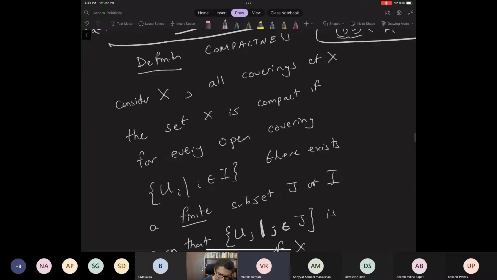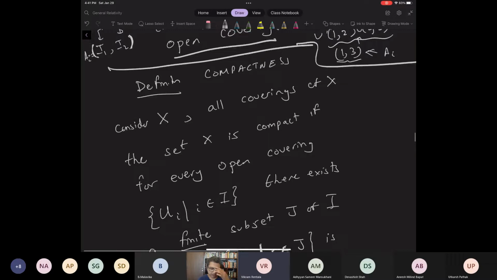Okay, now we'll come to an important definition. This is the definition of something called compactness of a topological space.